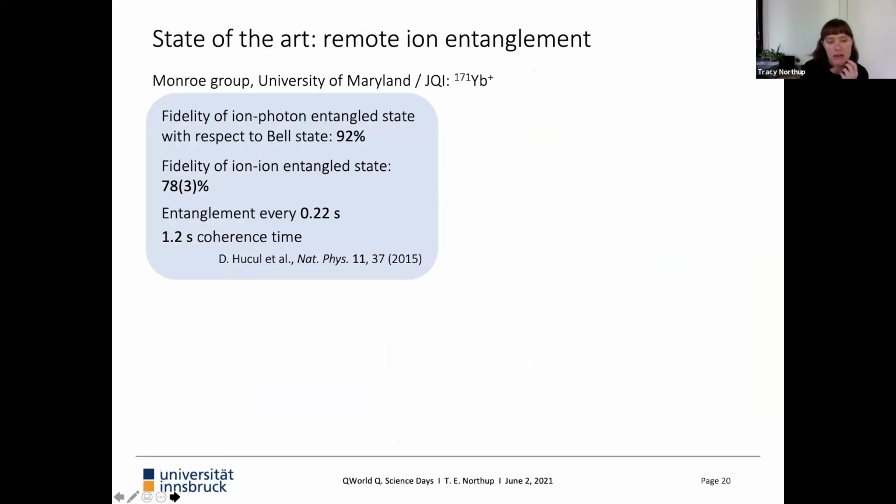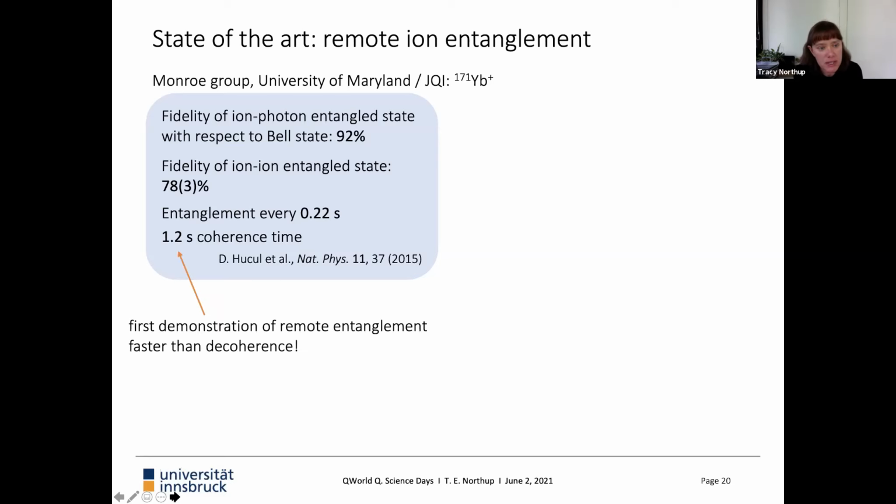And what was really exciting about the most recent result, from about 5 years ago, is this coherence time of more than a second. So it means that while you're doing this, you can also store information in these ions for longer times than it takes you to generate entanglement with a remote ion.